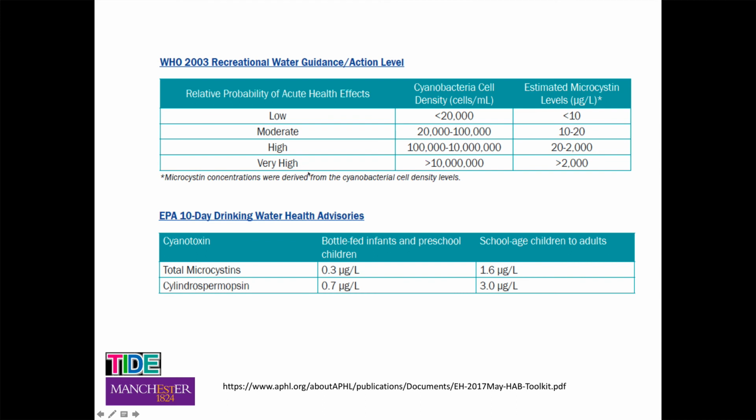But if you count numbers of your cells and they're above 10 million per mil, which they can reach, the probability of actually acute health effects is very high. So what you routinely do in your monitoring is to count the number of cyanobacterial cells in your sample. And if you count your number of cells, you can estimate the levels of your cyanotoxin in the sample.